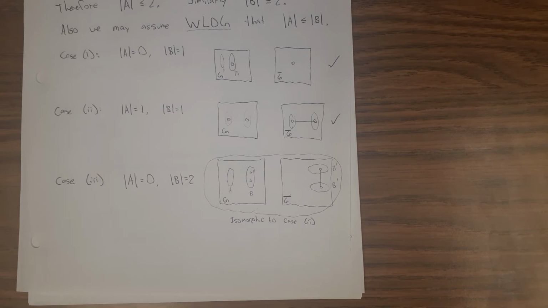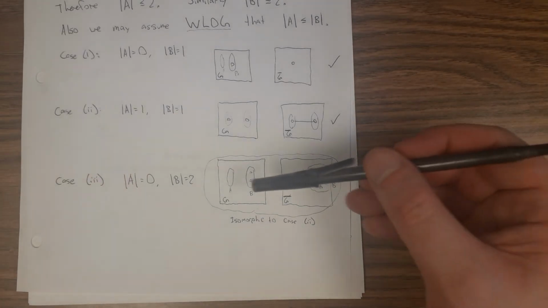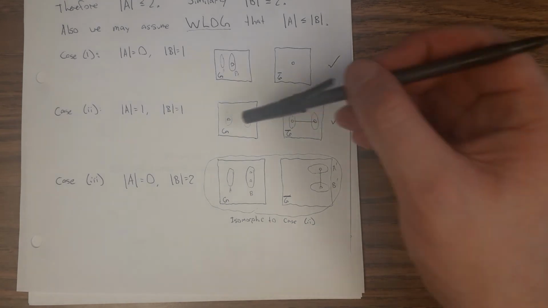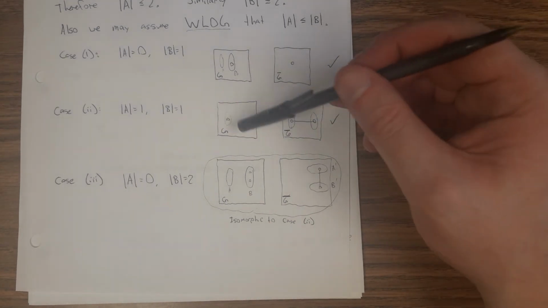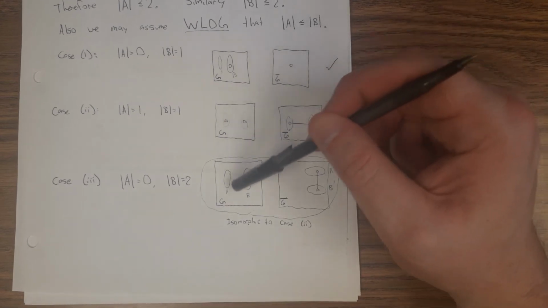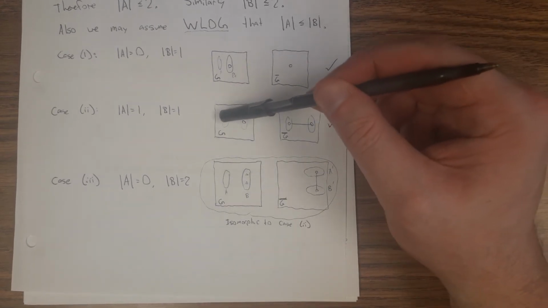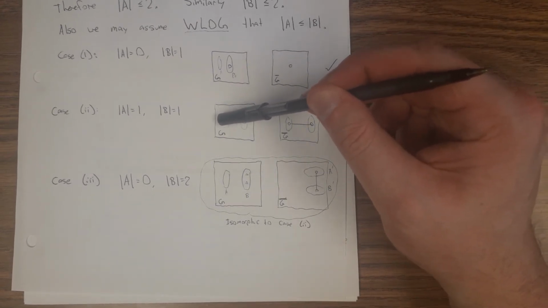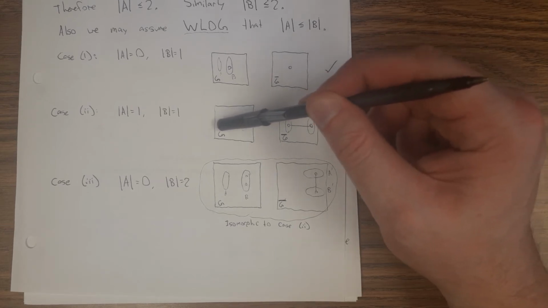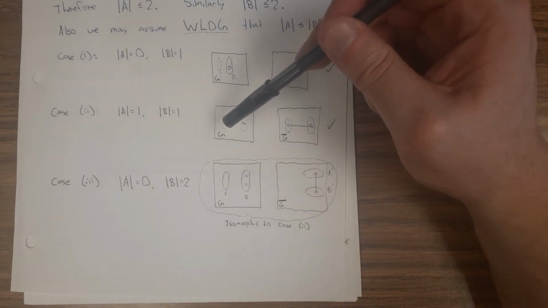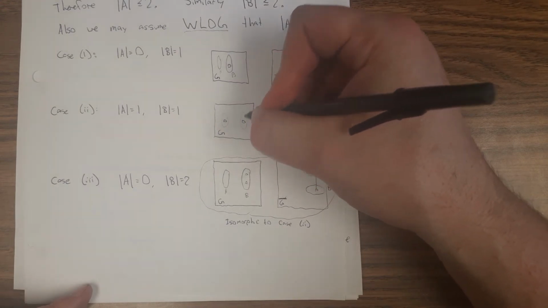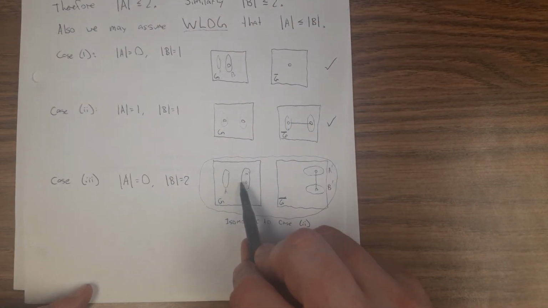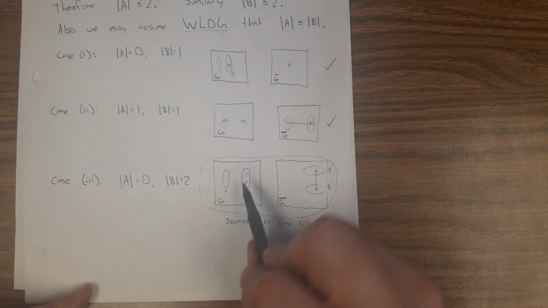But let me point something out. This case that we just talked about was actually already covered above. These are the same graphs. This is just two different ways of looking at the same graph. Up here, we were looking at the graph with two vertices and no edges, but we were viewing it as a bipartite graph where this is A and this is B. Down here, we're looking at the same graph, actually.